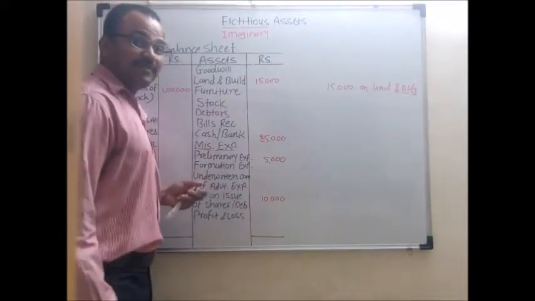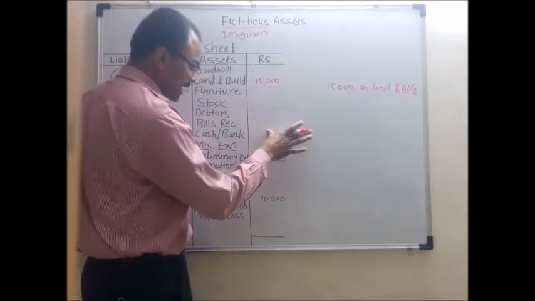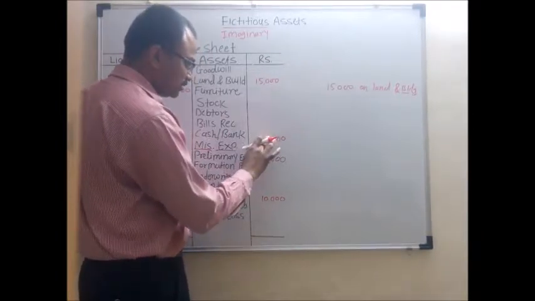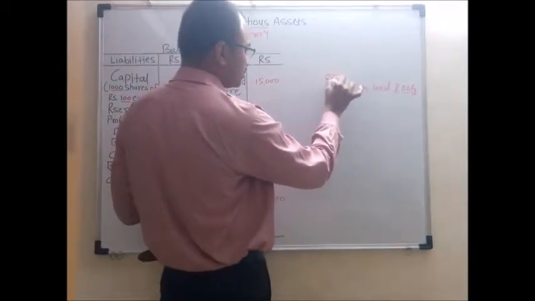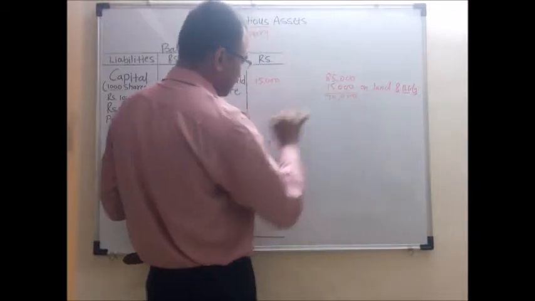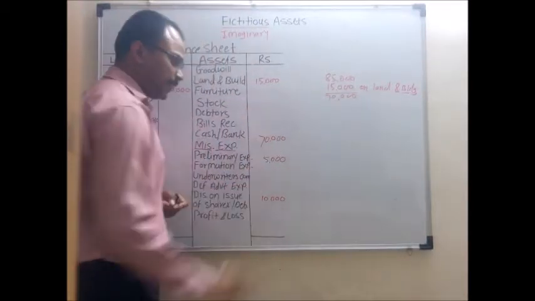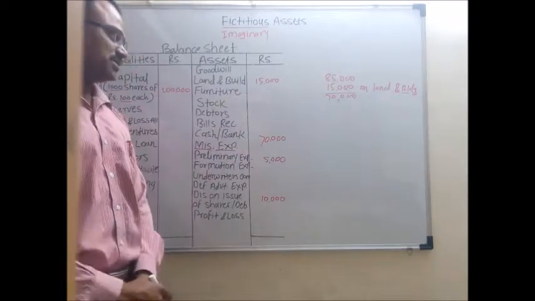Therefore, the balance of cash will get reduced. The 85,000 rupees balance I had, out of that we used 15,000, so 70,000 balance will remain in cash and bank balance. I will have a balance of 70,000.